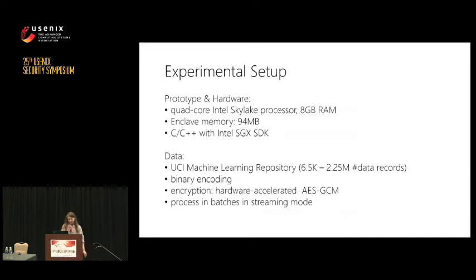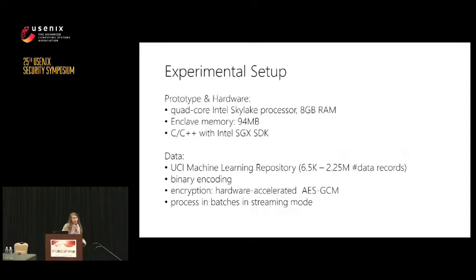We built our system. We used the Intel Skylake processors, which do have SGX on them. So enclave memory for now is 94 megabytes, but that's probably going to increase. And as datasets, we used some popular datasets from the UCI machine learning repository. We binary encoded them in order to avoid the side channels that would be created by parsing CSV files.